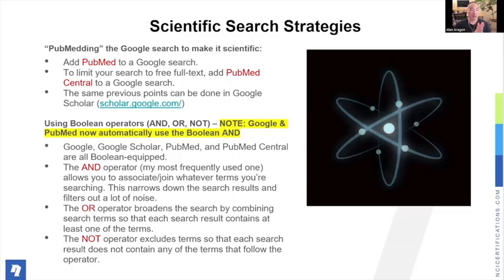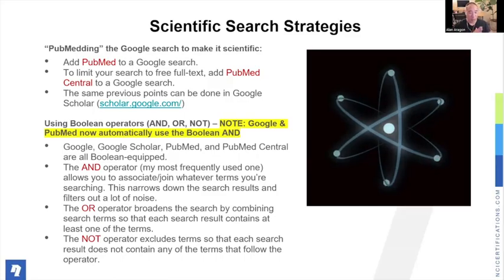If you were to use the Boolean OR, that would broaden searches. If you were to do a Boolean search with creatine OR supplementation, then you would have a bunch of search results that don't necessarily join those two terms, so you have an extra amount of results to sift through.